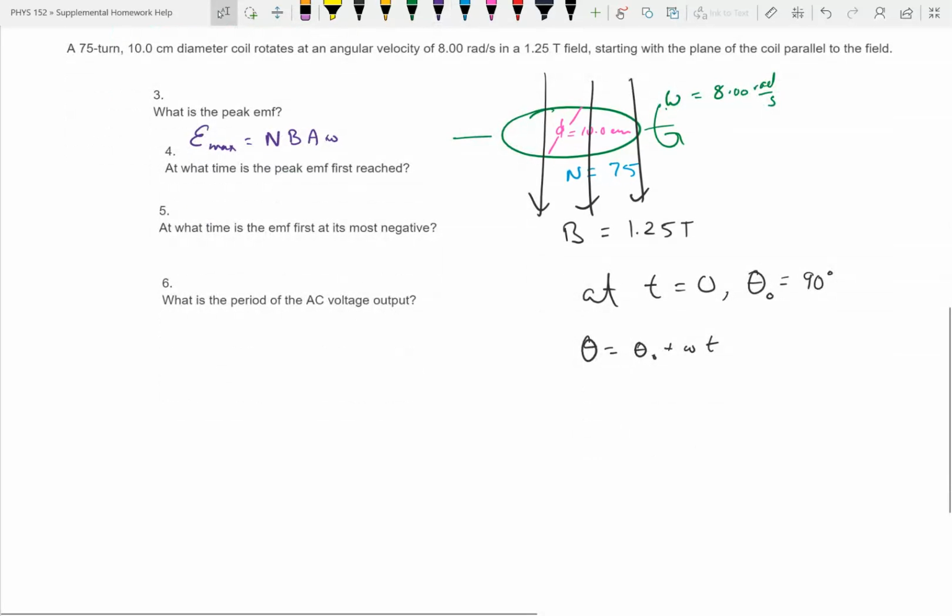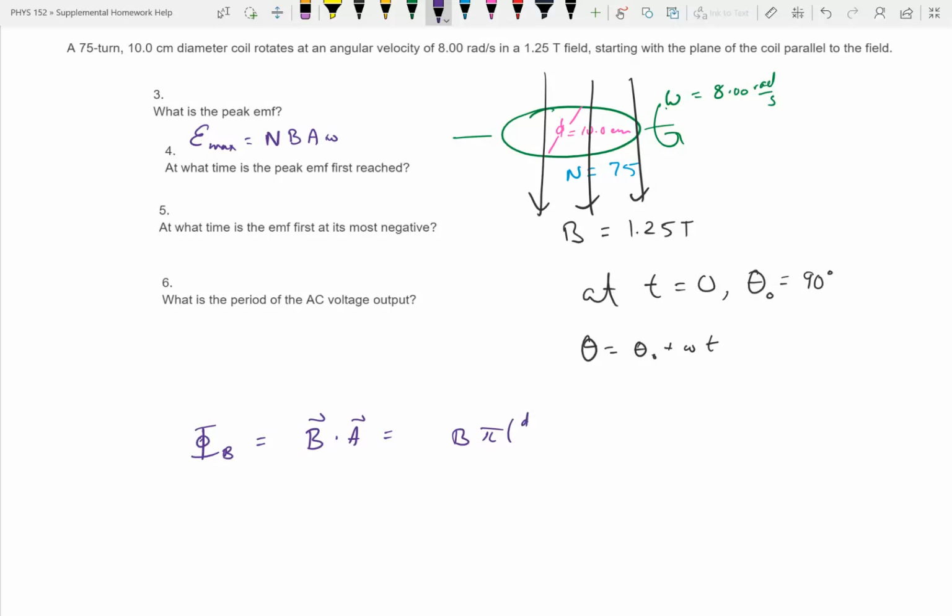We can actually look at this, because you've taken calculus, we can say, what is the flux? The magnetic flux is equal to, of course, B dot A, which is the external magnetic field times the area. So they gave us diameter, so I'll put pi times diameter over 2, quantity squared.